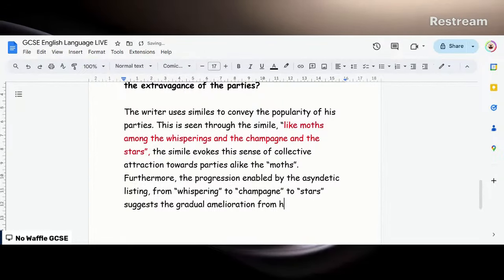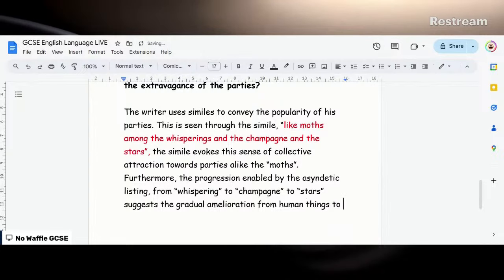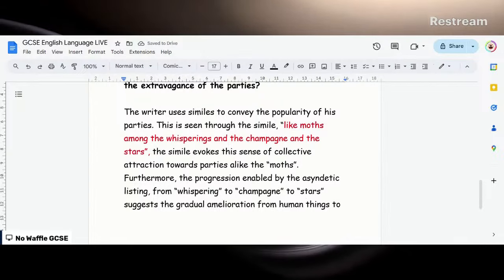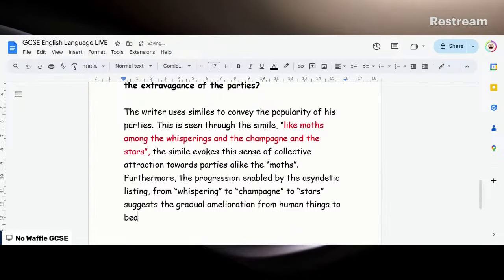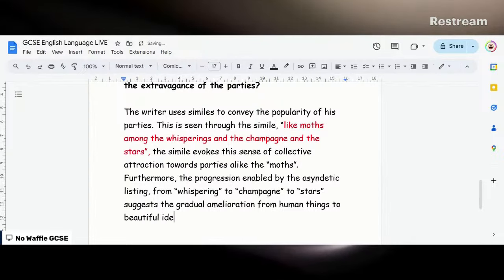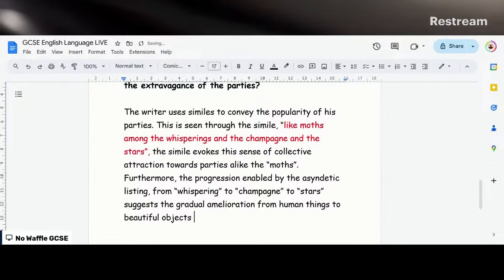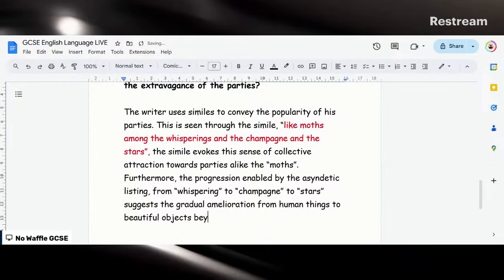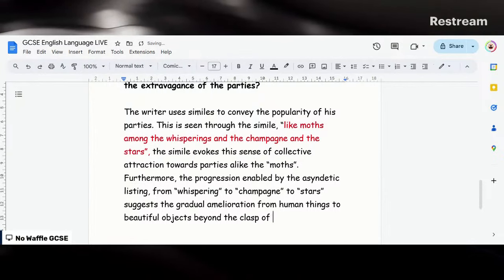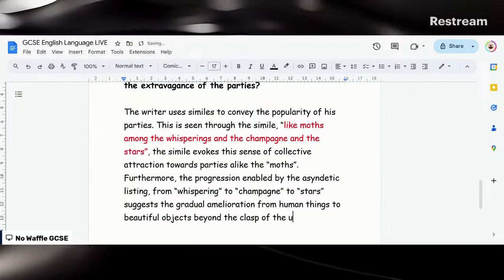So from human things to beautiful objects beyond the clasp of the universe, i.e. the stars.